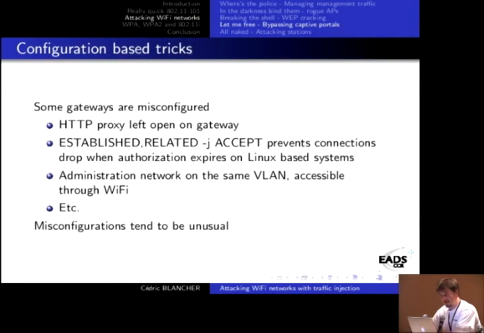Then you have misconfiguration-based tricks. It can be quite funny to just scan the gateway. On some networks, we could find an HTTP proxy completely open on a port of the gateway. So you just use it and you go. Most gateways are Linux-based, so we have this nifty magic rule: established, related traffic accepted.